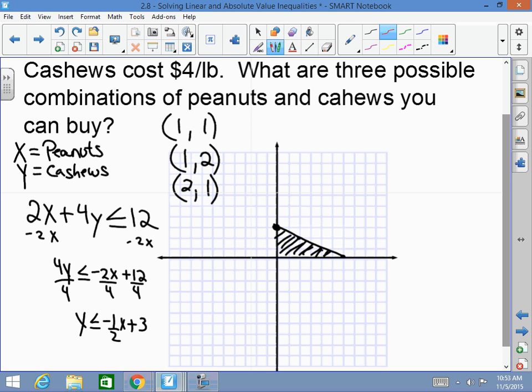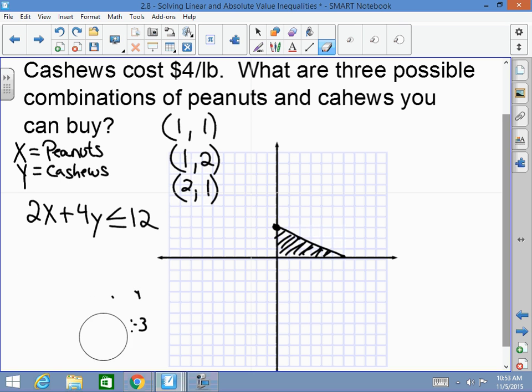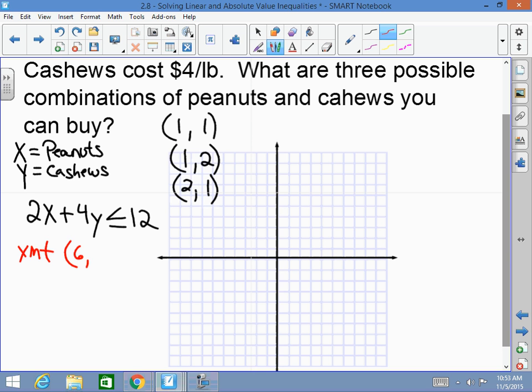Very good, the x and y intercepts. Remember what we had said, that if the a and the b are factors of c, then I can use the x and y intercept method. When y is 0, my x-intercept is 6, (6, 0).